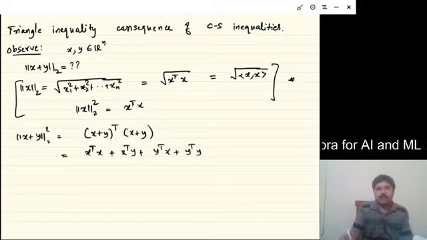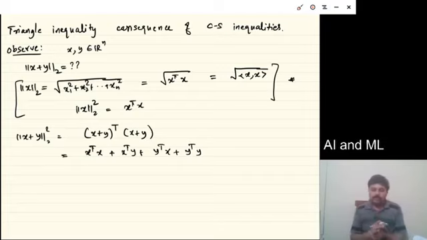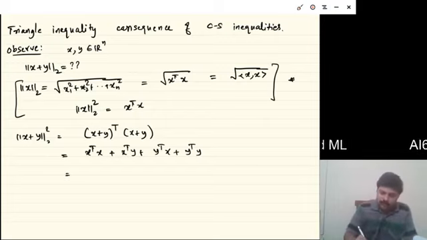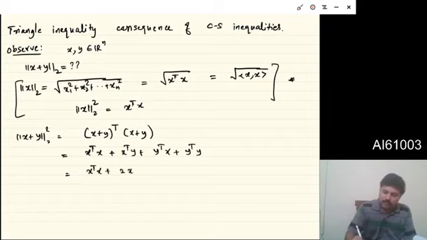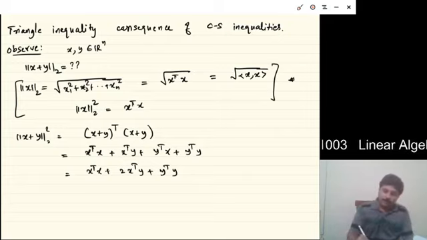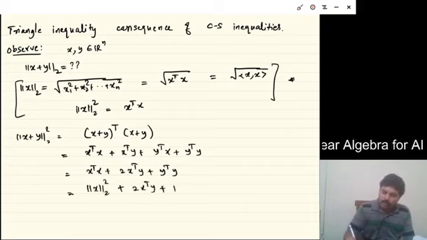These are the simple rules of dot product or inner product that we saw in the last lecture. So this is x transpose x plus 2 times x transpose y plus y transpose y, because x transpose y is the same as y transpose x, it's just a scalar.